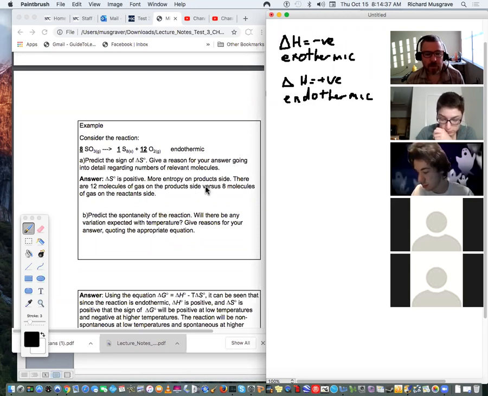So from that, we're always going to know exactly what the sign of delta H is automatically, because I'm always going to tell you whether it's endothermic or exothermic.